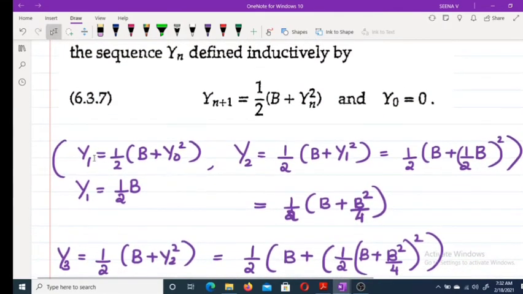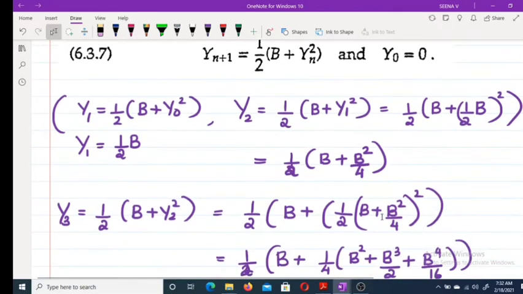So if you look at y_1, what is y_1? y_0 is 0. y_1 is 1 by 2 times (B plus y_0 squared). y_0 is 0, so B plus 0, that is 1 by 2 B. Now what is y_2? 1 by 2 times (B plus y_1 squared). Applying y_1 squared, we will get this, and this is a polynomial in B with non-negative coefficients.